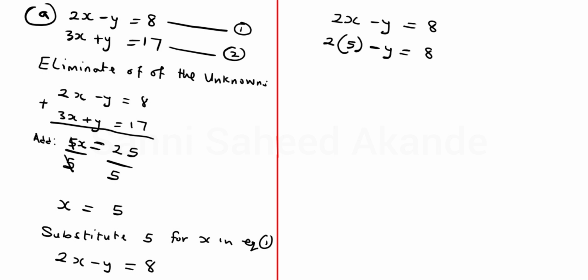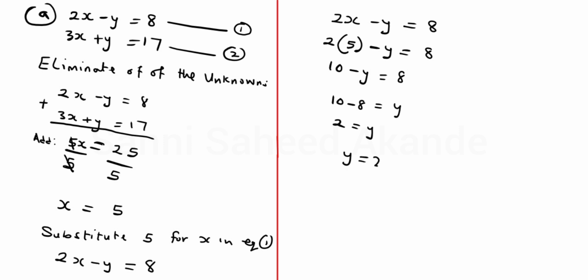Now 2 multiplied by 5 is 10, and then minus y equal to 8. Okay, so if you collect the like terms here, I have 10 minus 8 equal to y. 10 minus 8 will be 2. So they are equal to y. So the value of y is equal to 2.